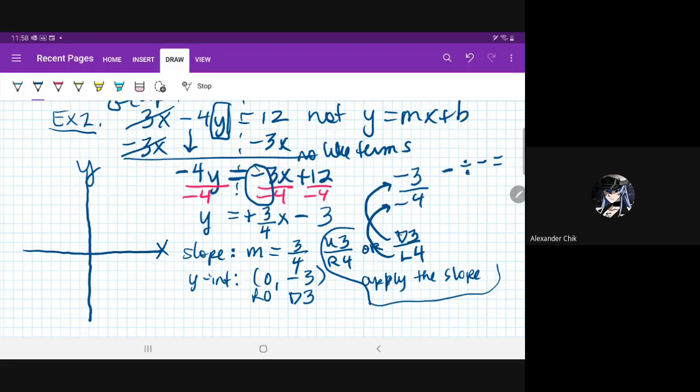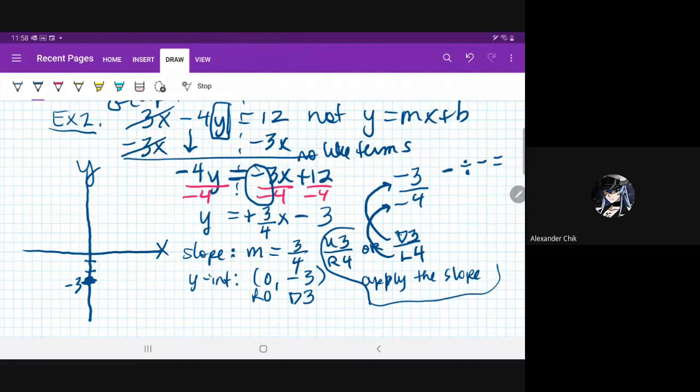But which one? Right, so I start at the down 3, and then I use the slope.